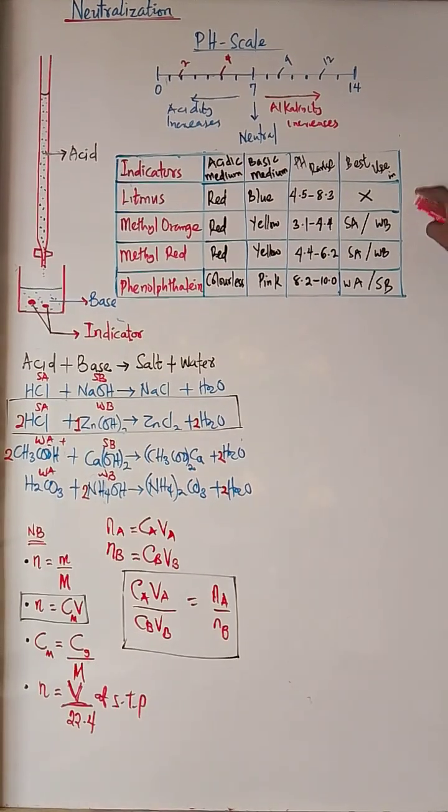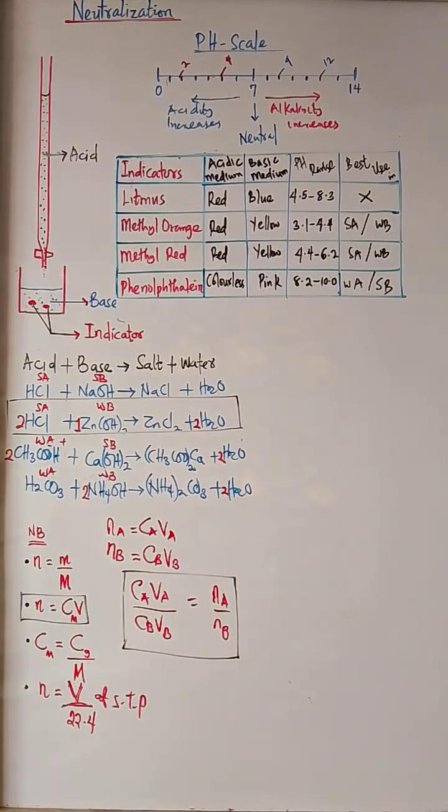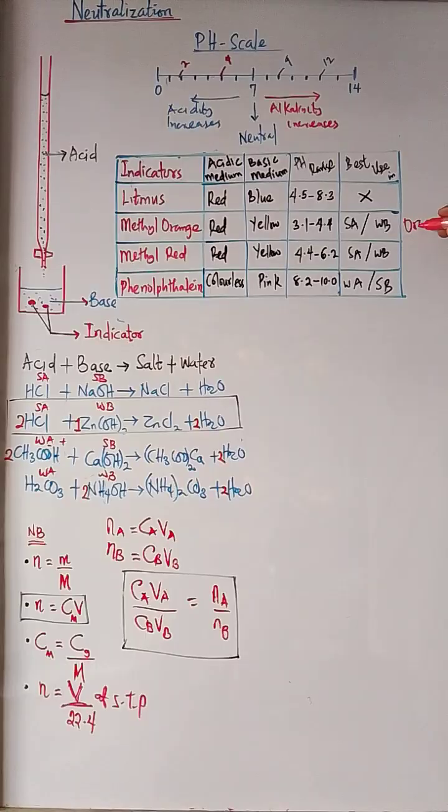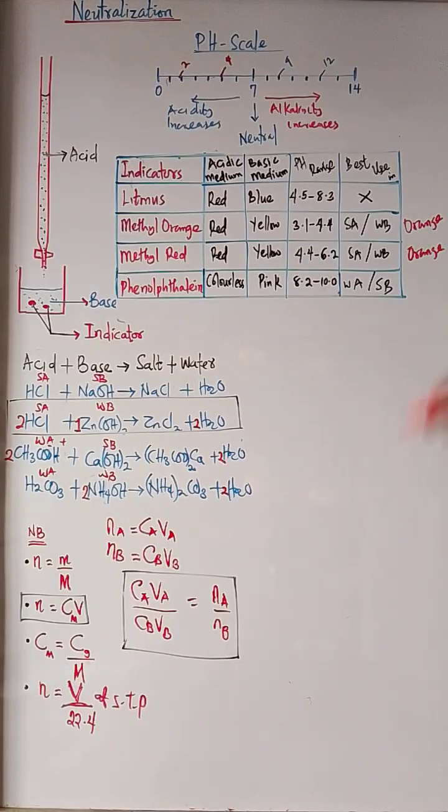We can say the midway color for litmus paper is purple, but it's not sharp. But for methyl orange and methyl red, their midway color is orange, and I will explain. For phenolphthalein it is a very light pink.